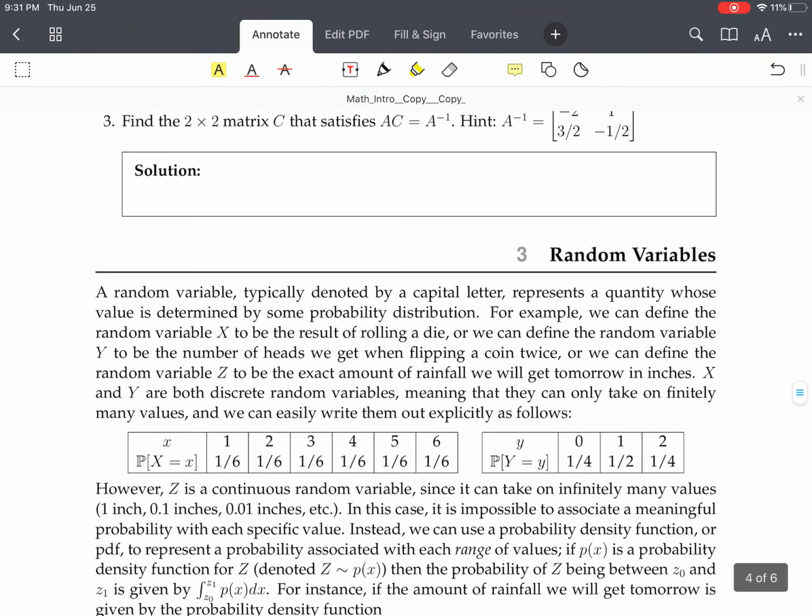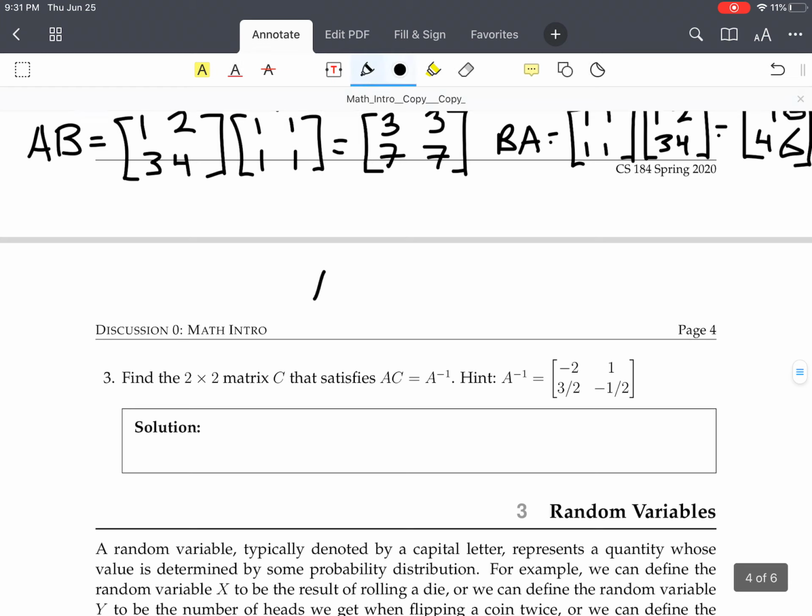So in this case, if we have AC is equal to A inverse, what if we were to multiply this by A inverse and this by A inverse? And so this cancels out into the identity matrix, which we can basically assume isn't there because multiplying something by the identity matrix doesn't change it. So it's basically gone. So C is equal to inverse of A times inverse of A.